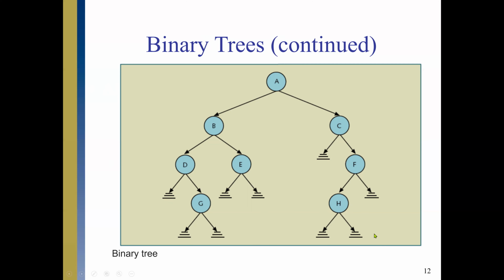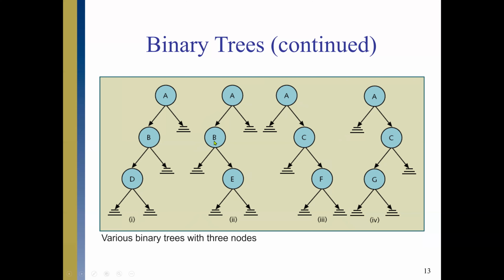So node A has only 1 child, node B has only 1 child, and node B is a leaf. And in the second diagram, node A has 1 child, node E also has 1 child, and node B has 1 child, and node E is a leaf, and so on. So again, a binary tree can have at most 2 children.